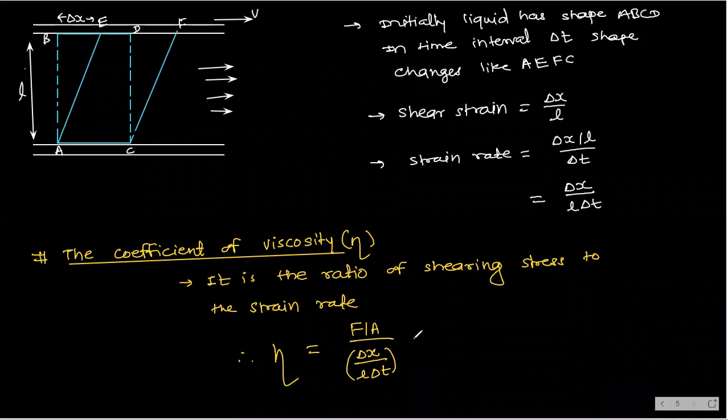Now, how can I modify this? If this velocity is equal to L by delta T, we can write. Then what will we get? Or this delta X by delta T, if I represent it as, let us suppose, mu.